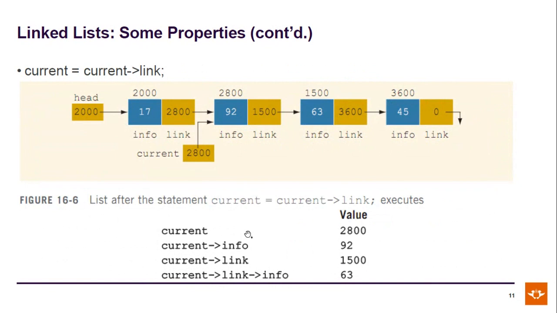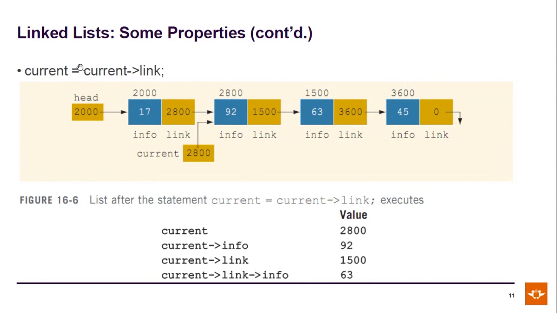All right, but now we can move current, right? We can treat current as a cursor. So we can say current is current link. Remember, current link is this pointer here, which stores a memory address. If I say current is current link, I'm simply copying this memory address and pasting it in current, which means that current is now pointing to what current link is pointing to, which is this node here.